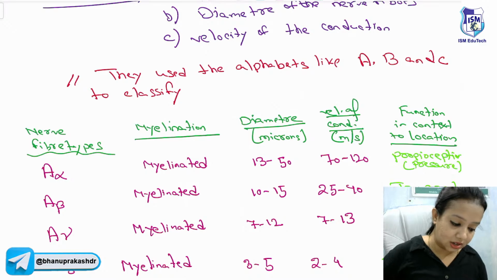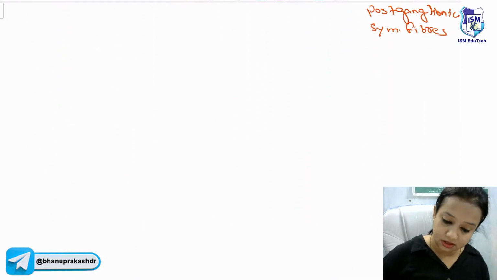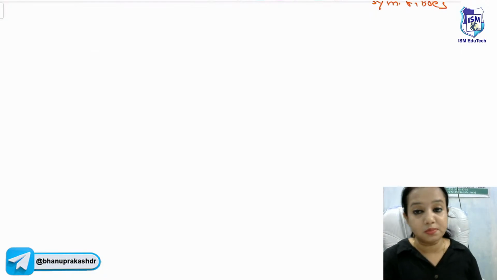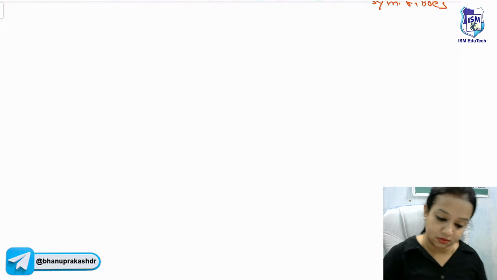Now Erlanger and Gasser have a classification based on the mixed nerve, like both the sensory nerve as well as the motor nerve.